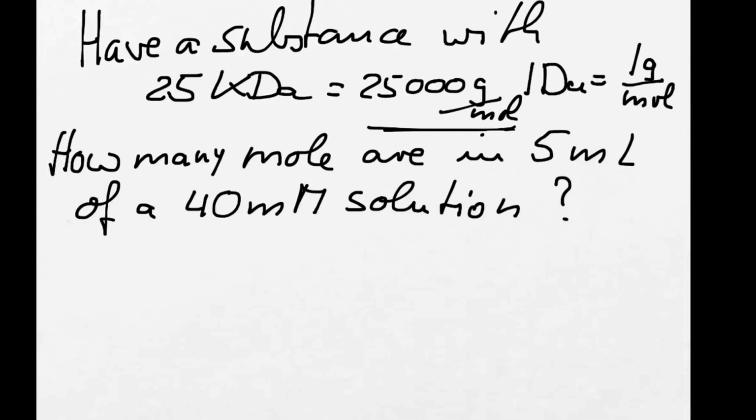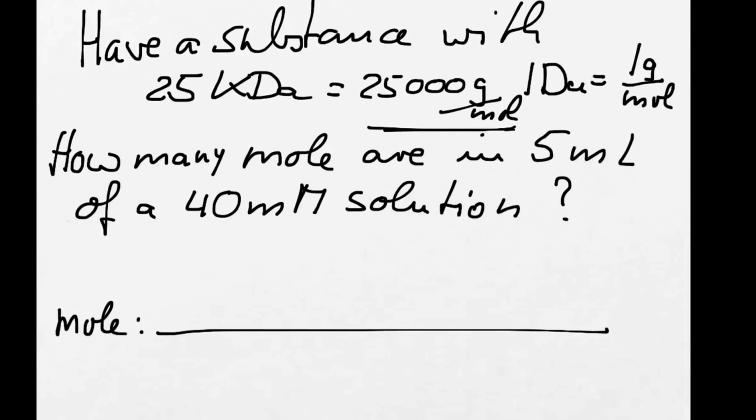So do you want to figure out what you have to do? Okay, what are we looking for? What's the unit we are looking for? Mole. Excellent. Do we have anything with moles in it? Yes. What? 25,000. Good.